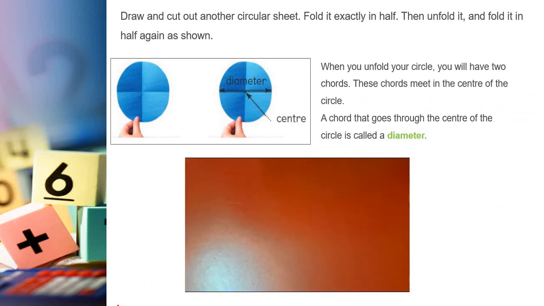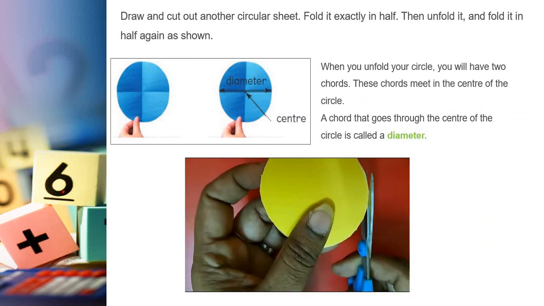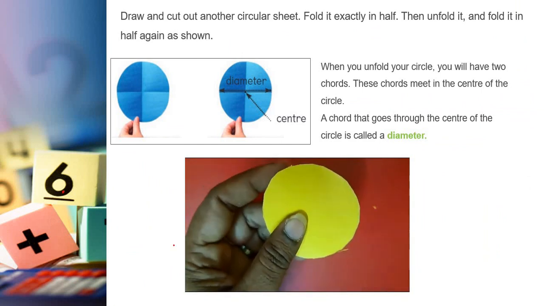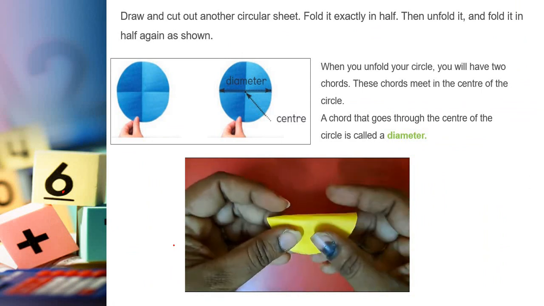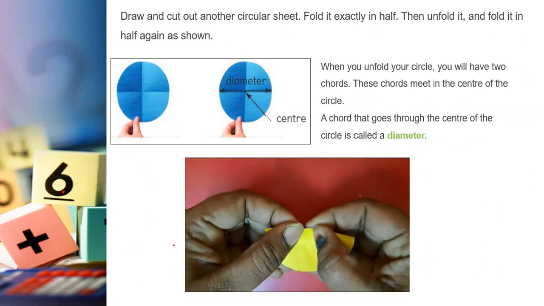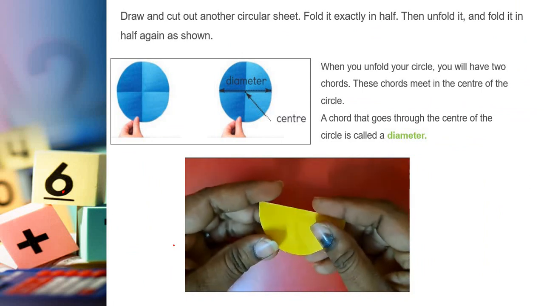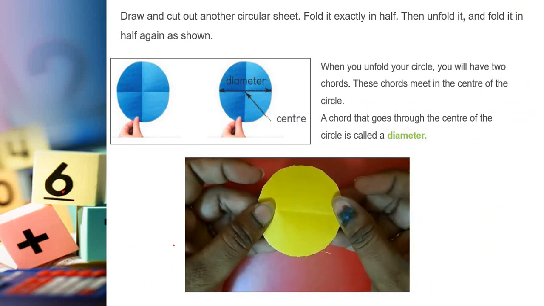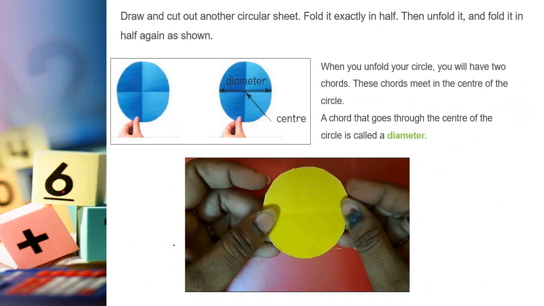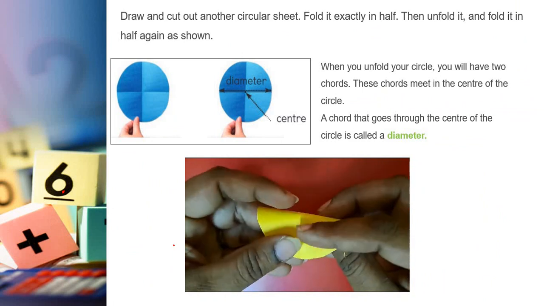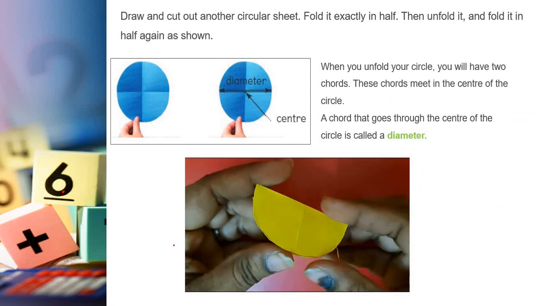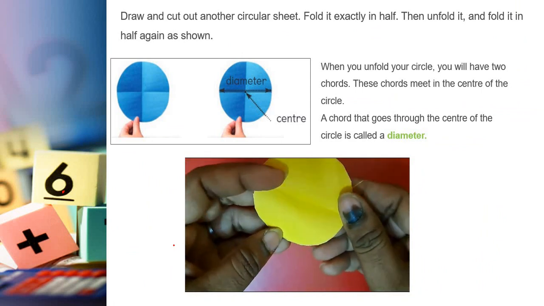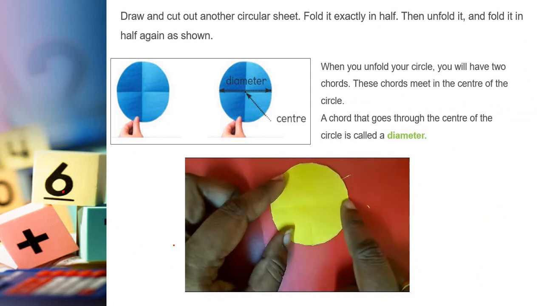You have to take another circular sheet. Draw and cut out another circular sheet. Fold it exactly in half. Then unfold it and fold it in half again as shown. When you unfold your circle, you will have two chords.